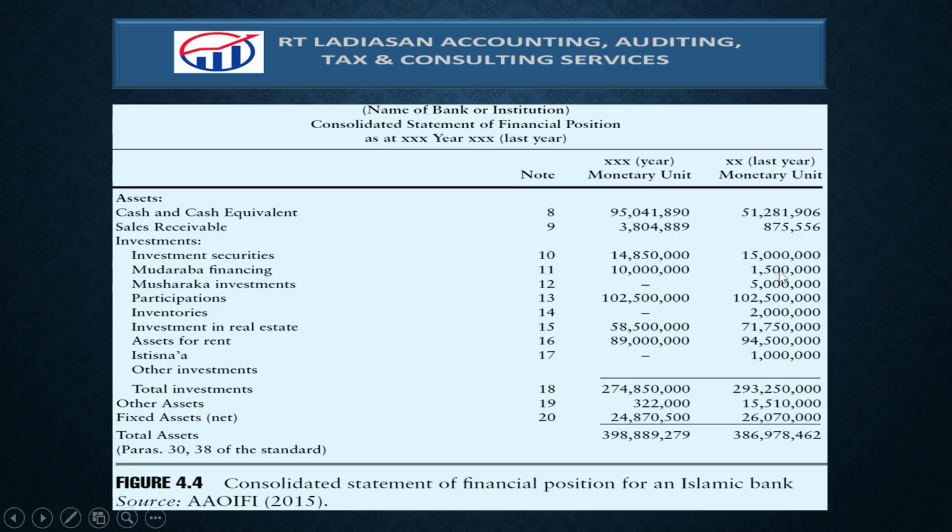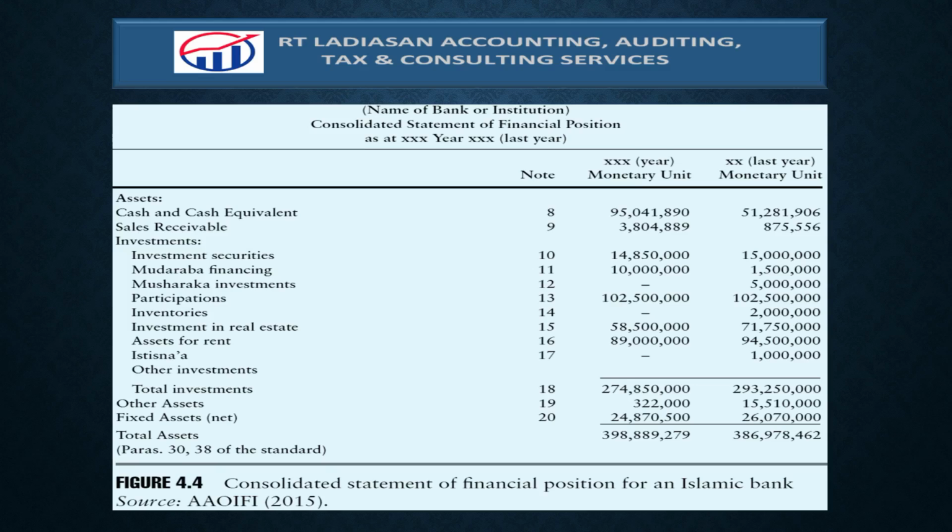The statement of financial position or balance sheet may either be presented using the first format as we have presented before, or the second format, where the liabilities and unrestricted investments are first presented, followed by the equity accounts, the owner's equity or stockholder's equity, then at the bottom, the assets.